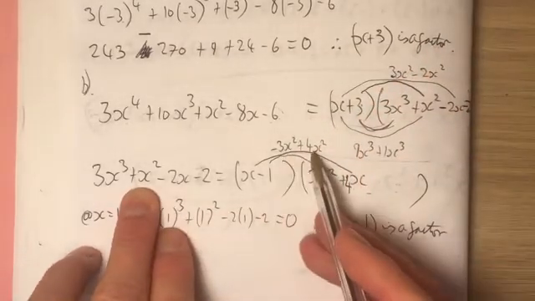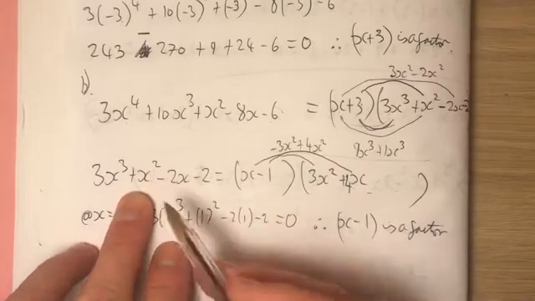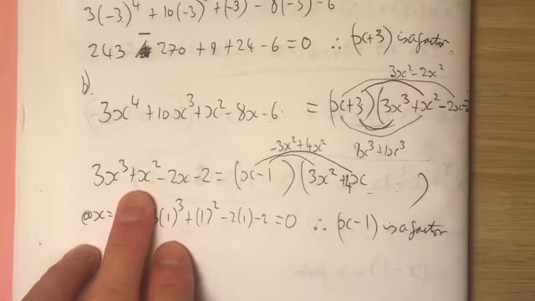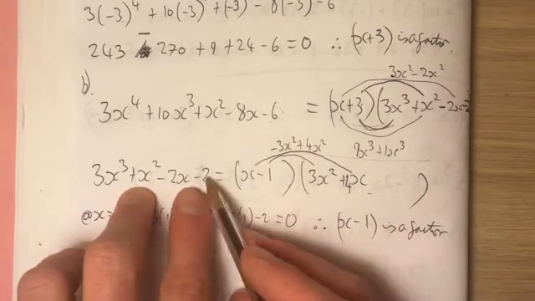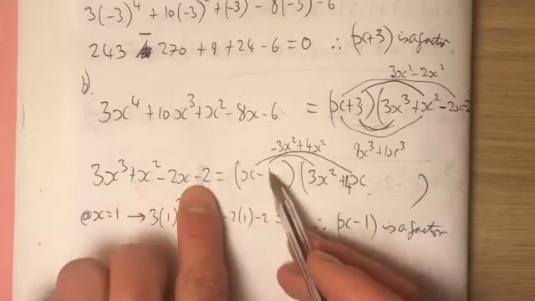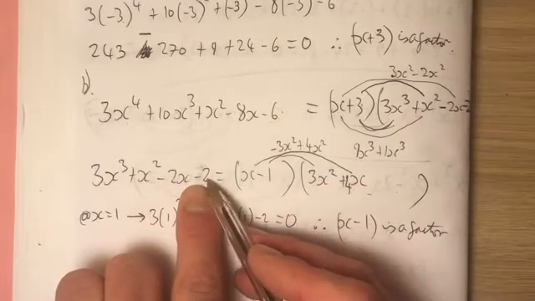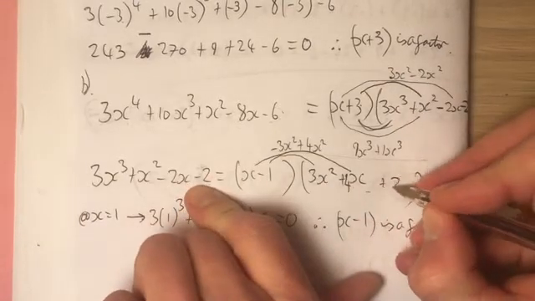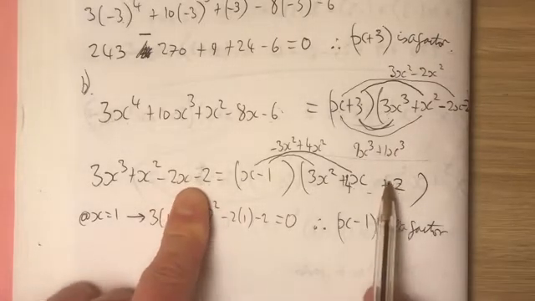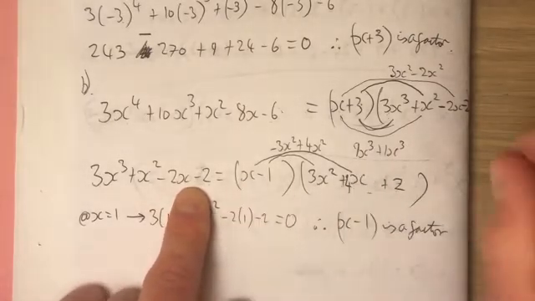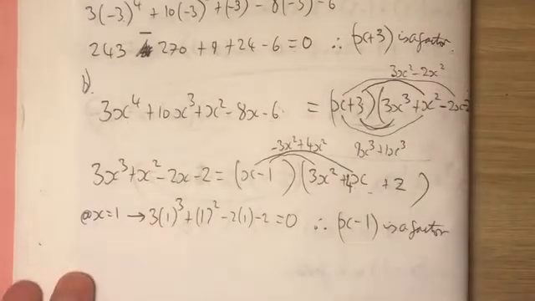So minus 3 plus 4 makes the 1x squared that I need. Then I'm on to my last one. I've got as far as x. The last one's a number. I need to have minus 2. Minus 1 times what gives me minus 2? That's going to be plus 2 right there. So this bit plugs in here, and I'm doing quite well so far.